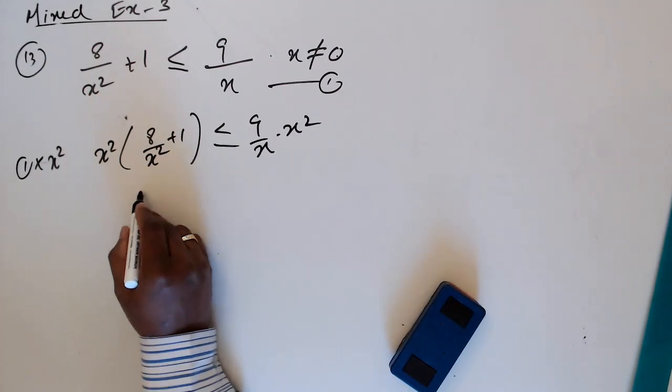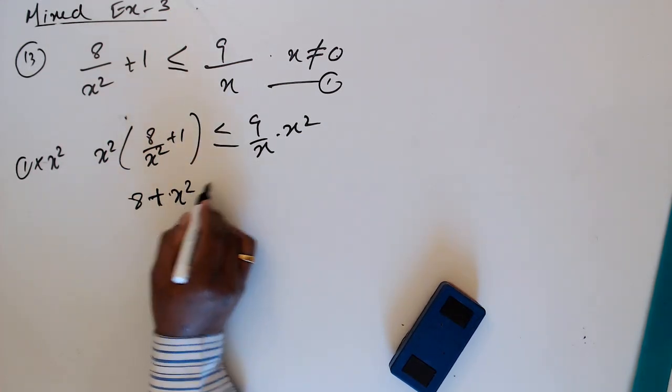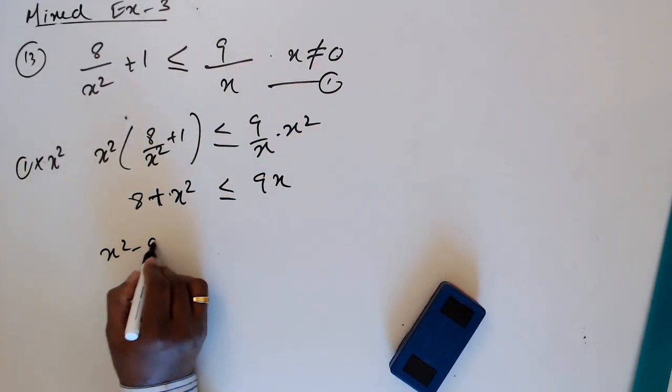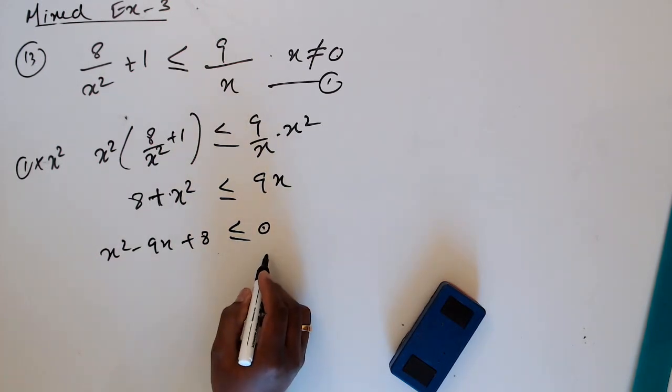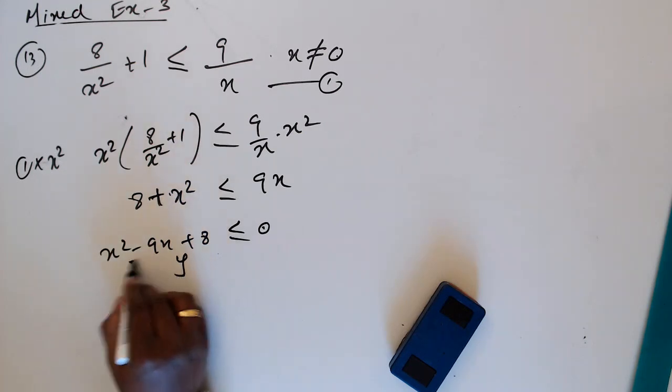Expand this one out. 8 plus x square less than or equal to 9x. x square minus 9x plus 8 less than or equal to 0. This is y.